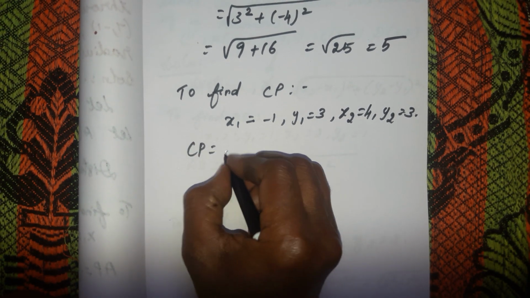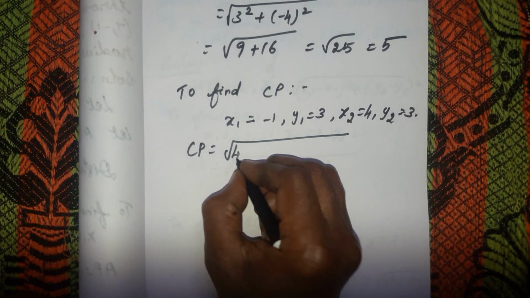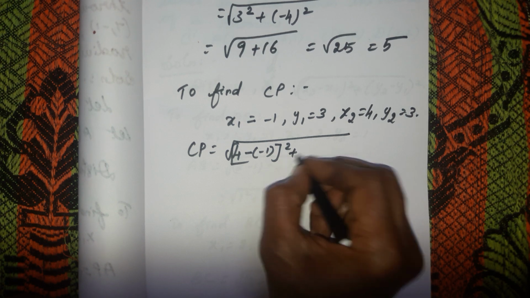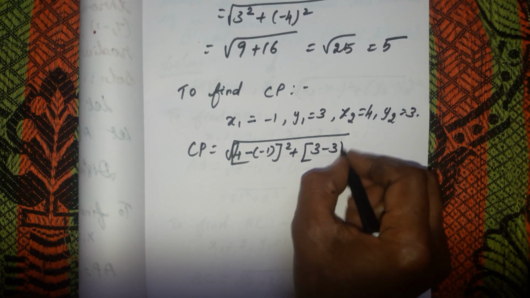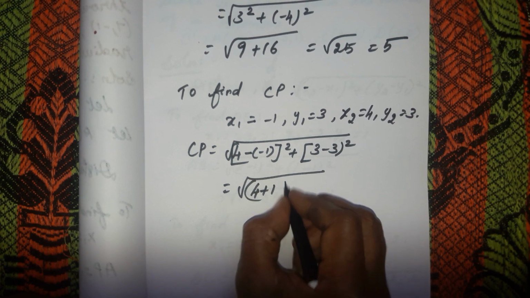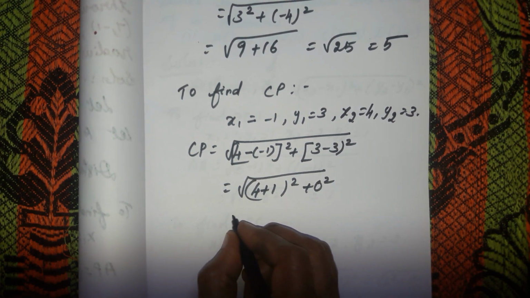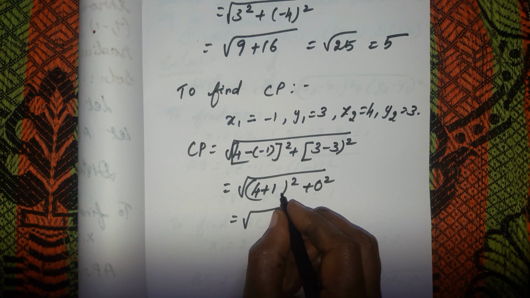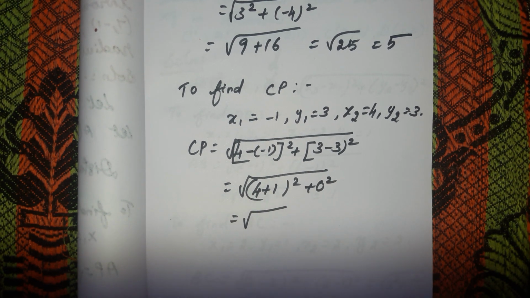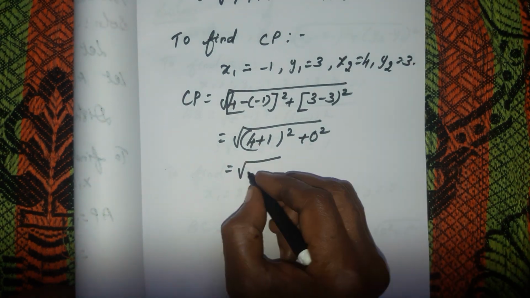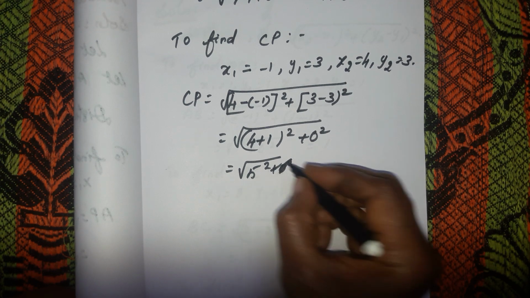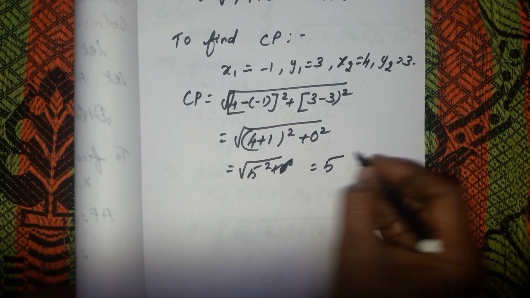CP is equal to root of (4 minus of -1) the whole square plus (3 minus 3) the whole square. It's equal to root of (4 plus 1) the whole square plus 0 square; minus of minus means plus. 4 plus 1 is 5, so 5 square plus 0 square, and 0 square is 0 only. So root of 5 square is equal to 5.